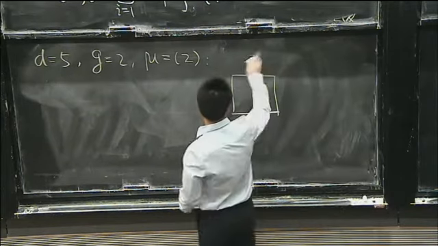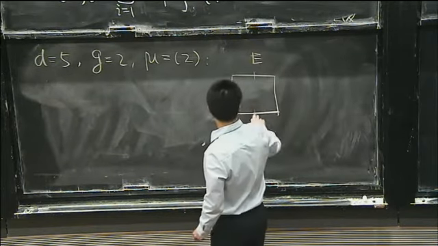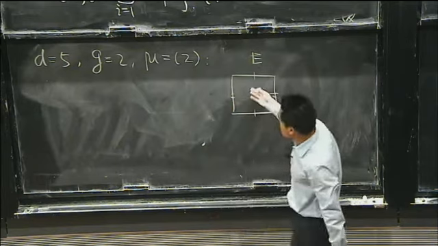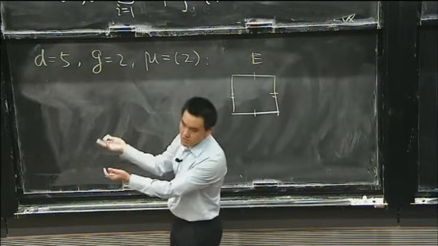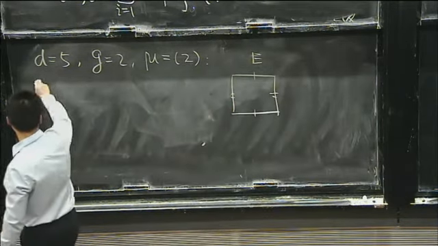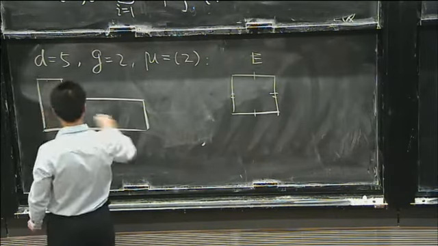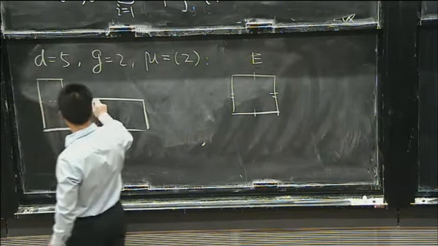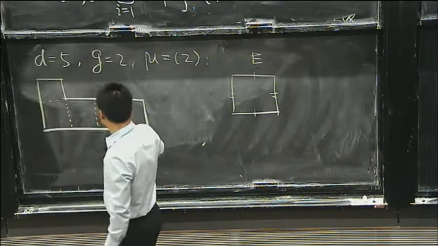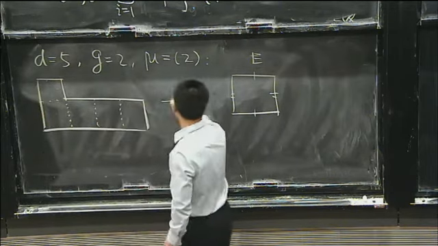I want to take 5 copies of E and glue them together to form a branch cover. So I can do it as follows. One, two, three, four, 5. This is 5 to 1.